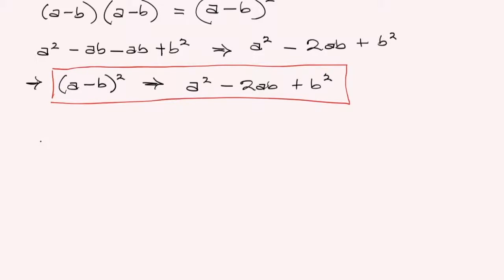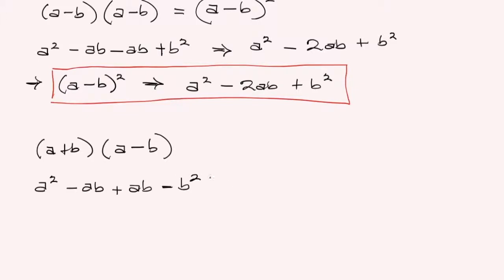Let's look at one more case where we have a plus b multiplied by a minus b. In this case, a multiplied by a is equal to a squared. A multiplied by minus b is equal to minus ab. B multiplied by a is equal to plus ab, and b multiplied by minus b is equal to minus b squared.